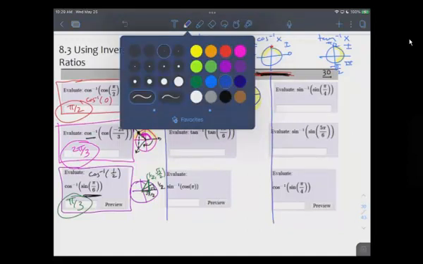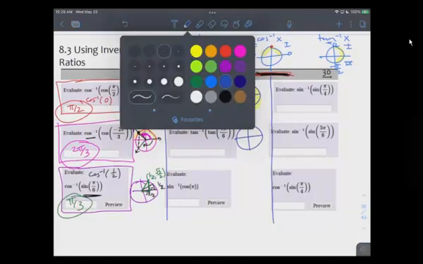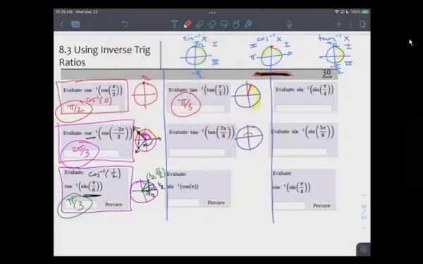Now, if we take a look at this next example, we take 7π/6. Well, 7π/6 rotates all the way past pi. And so when we evaluate which angle has the same tangent as that, well, the tangent is sine over cosine, so we're going to create it using this reference triangle right here.